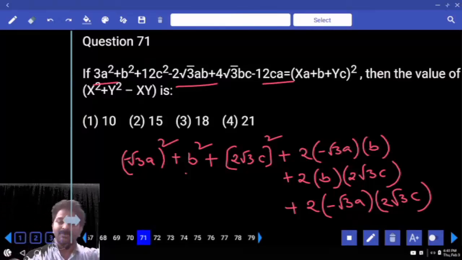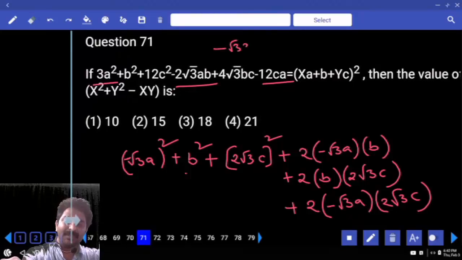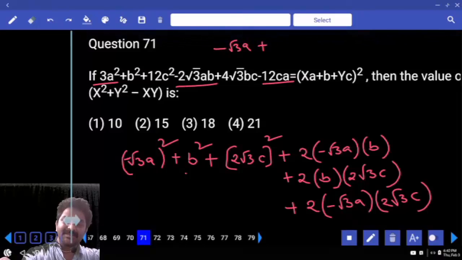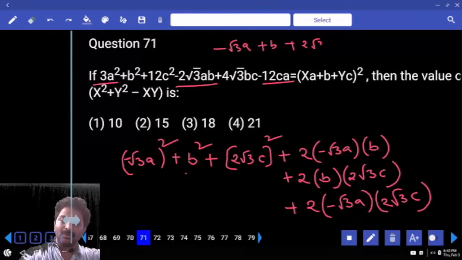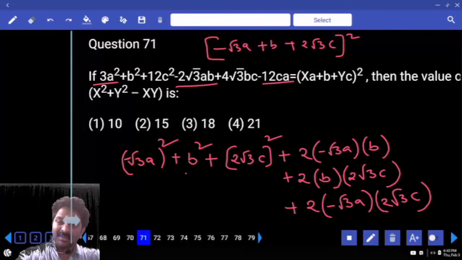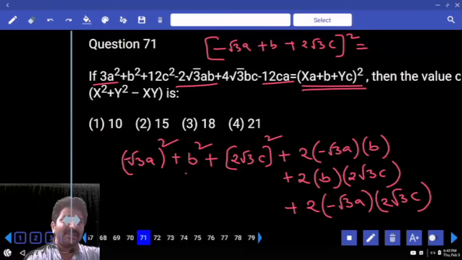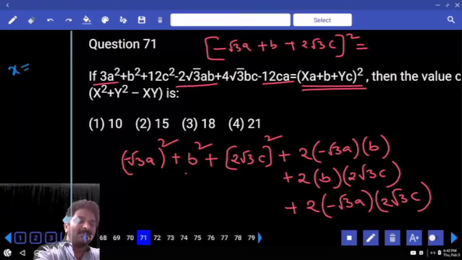So what is this entire equation we can write? minus root 3a plus b plus 2 root 3c whole square, correct, is equal to xa plus b plus yc whole square. Exponents ఏమే ఉన్నాయి కదా. Then x into a must be equal to minus root 3 into a. X is equal to minus root 3.